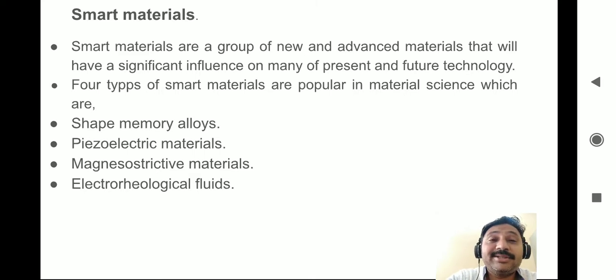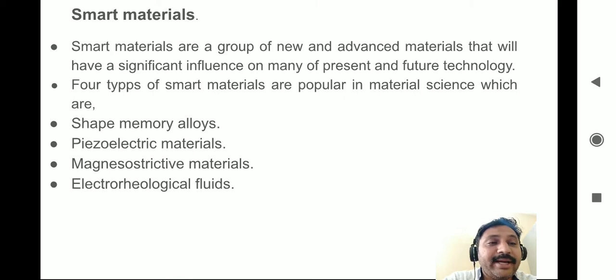Okay, smart materials. As the name indicates, it is smart, so it produces different responses at different places. Smart materials are a group of new and advanced materials that will have a significant influence on many present and future technologies. They make work very easy and create a significant influence.